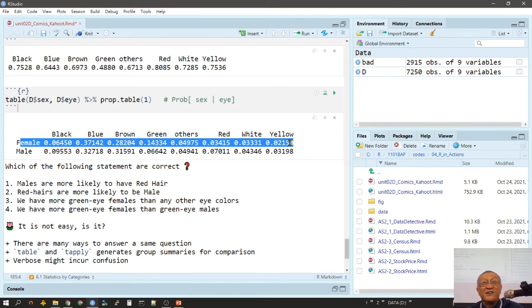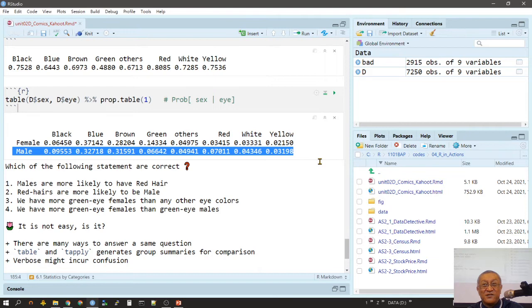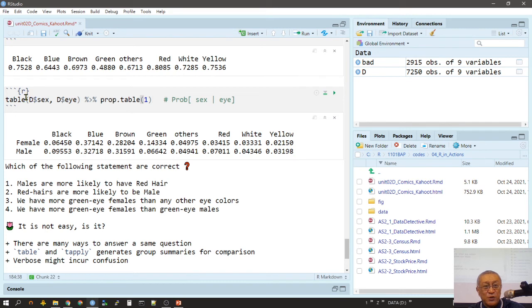And this is showing the fraction of each eye color of male. So depending on which way you do the proportional table, you need to be careful and interpret the number differently, isn't it?